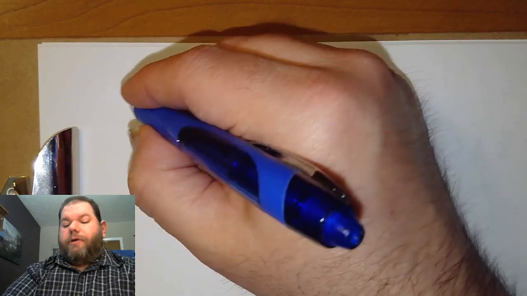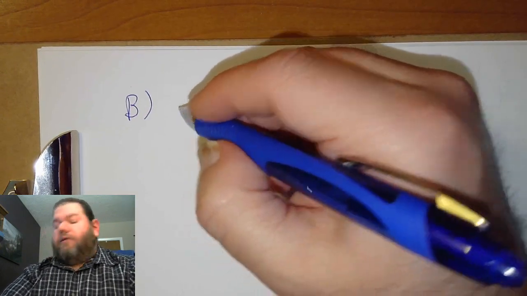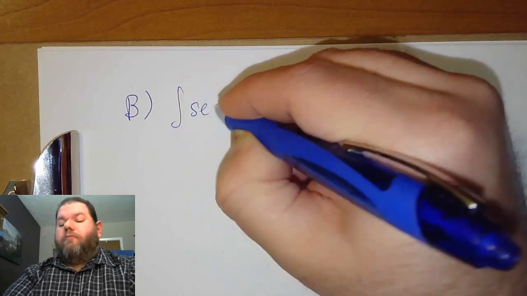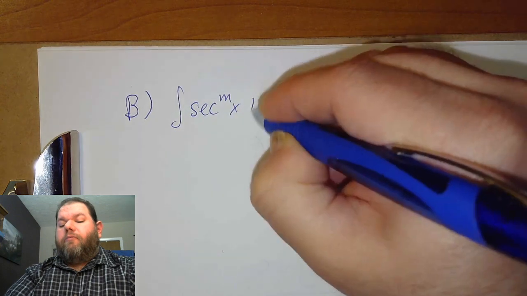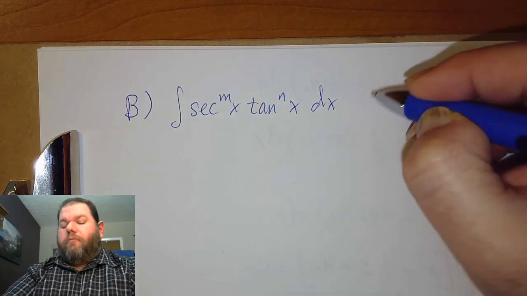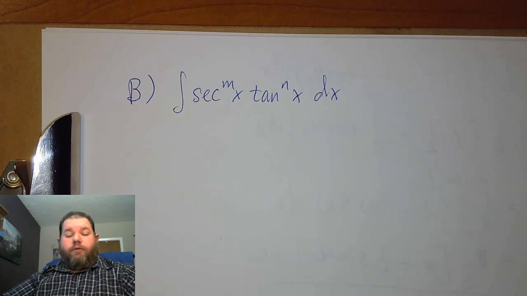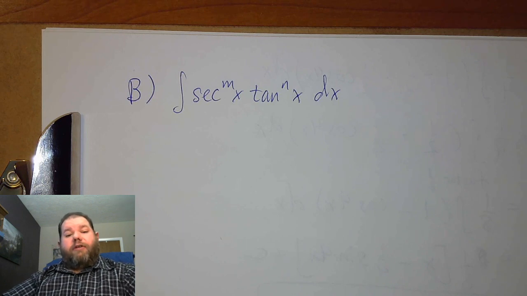Which, according to my structure, I think is B. Now this one we'll find is very different from sine and cosine, because with sine and cosine we were just looking for which one was odd and going from there.